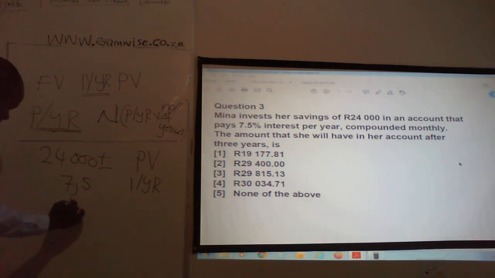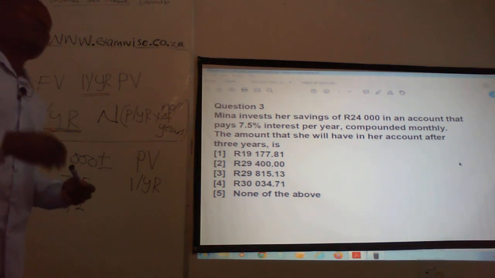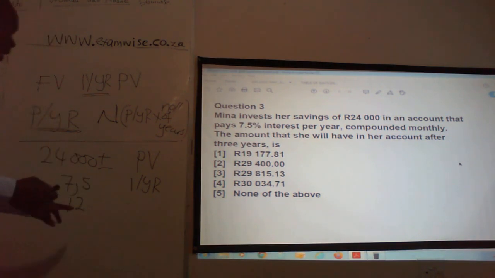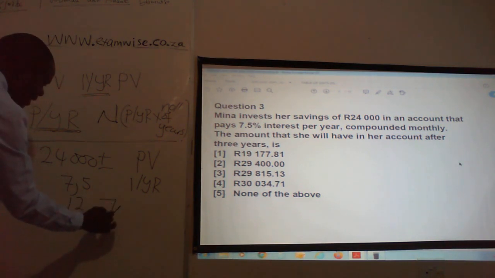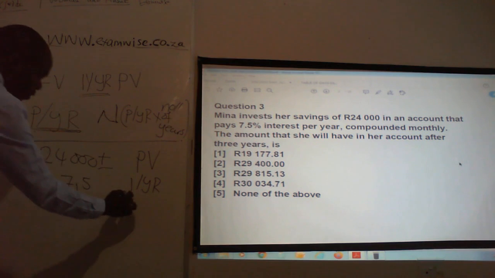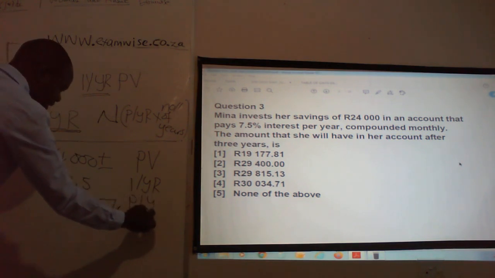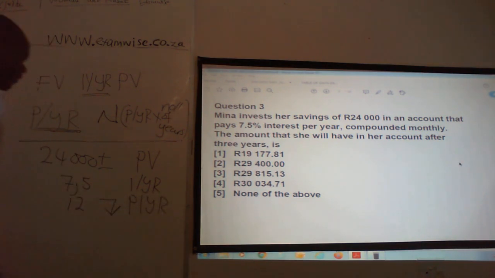We start by writing 12. Since P over YR is in orange on our calculator, after we press 12, we have to press the down arrow, and then here we have P over YR. We now have 3 variables.